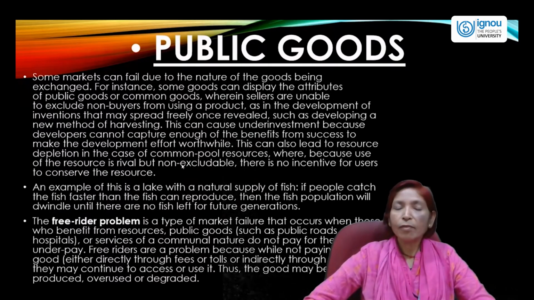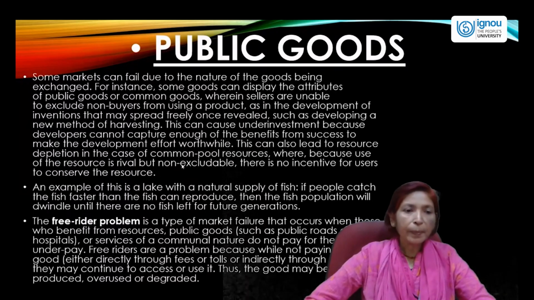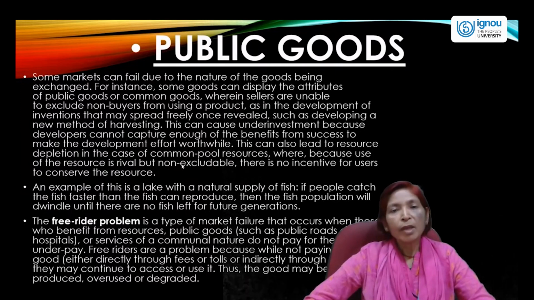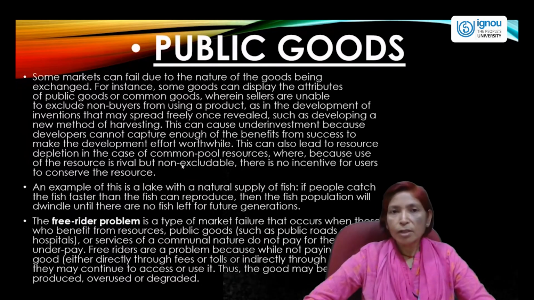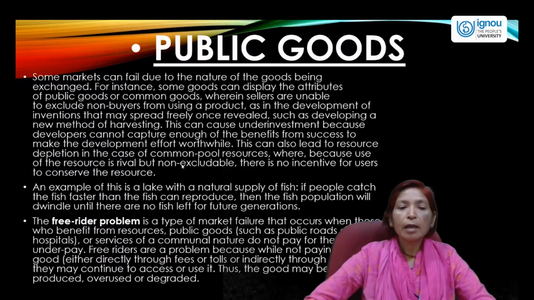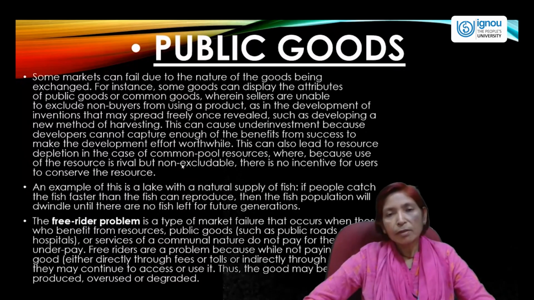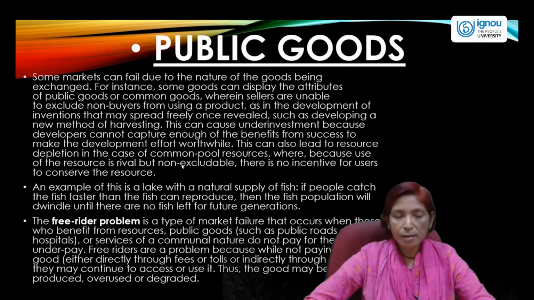There is no incentive for users to conserve the resources. An example of this is a lake with a natural supply of fish. If people catch the fish faster than the fish can reproduce, then the fish population will dwindle until there are no fish left for future generations.